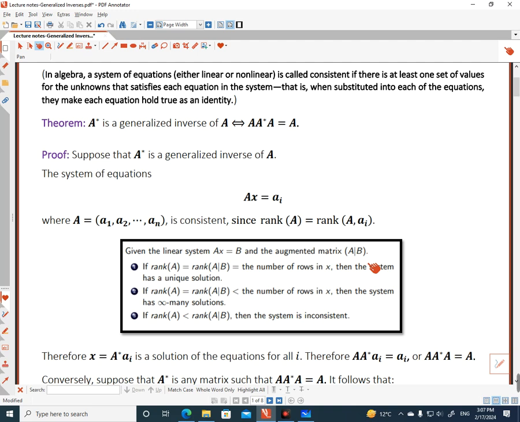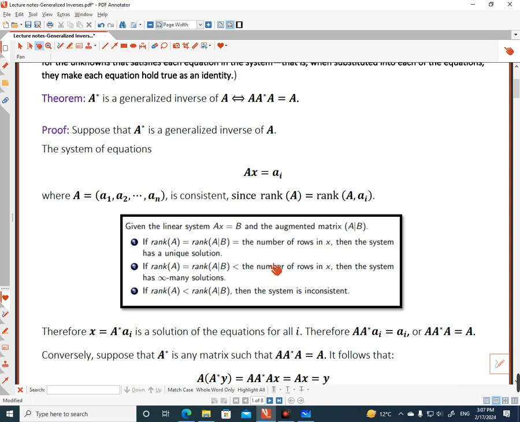In order to get a better idea about this equality for ranks of matrices, I have brought this box here. When we have a linear system Ax equal to b, I can consider the augmented matrix A and b.